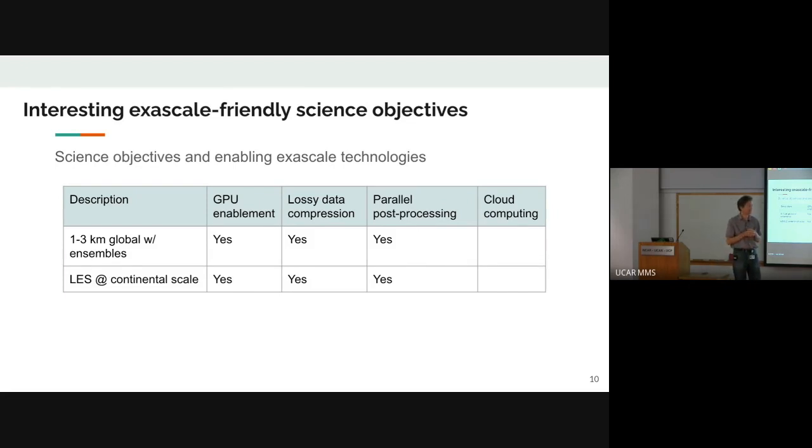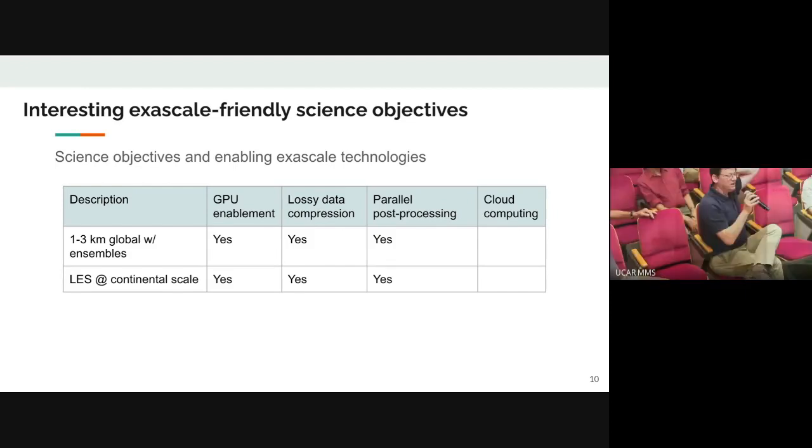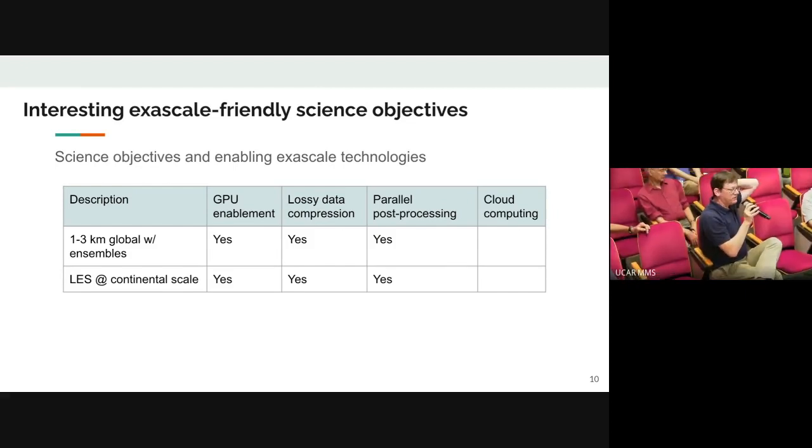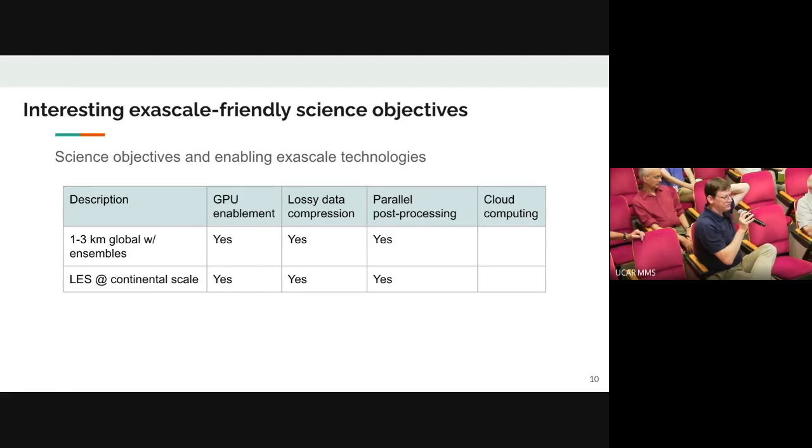I don't want to dominate the discussion, but I did have a thought. I think the issue is one of data reduction, is how you should frame this, not necessarily data compression. So for example, what you have up on the screen here, LES at continental scale. If someone decided they wanted to do this, I don't think we would be arguing we want to write out our output files in the native resolution. We'd probably down filter it to, I don't know, 5 kilometers.